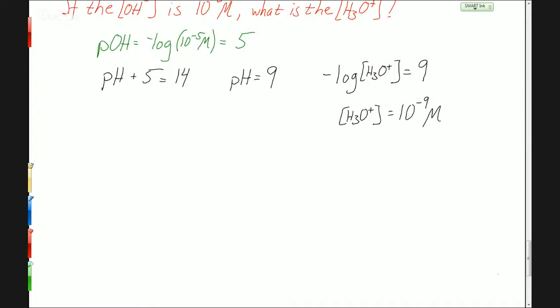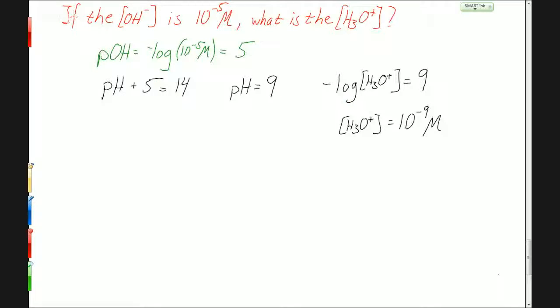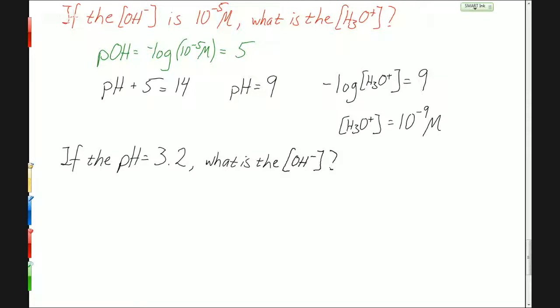All right, so let's try that going the other way. If the pH is, let's say, 3.2, what is the hydroxide ion concentration?